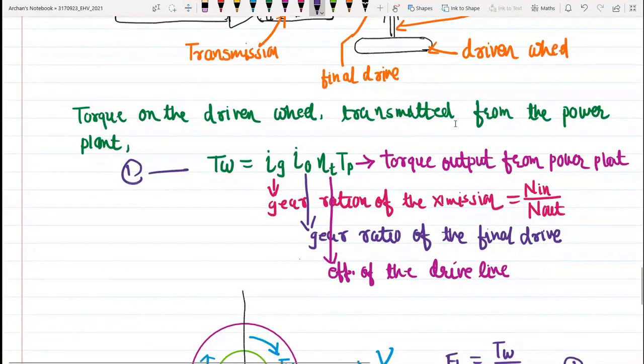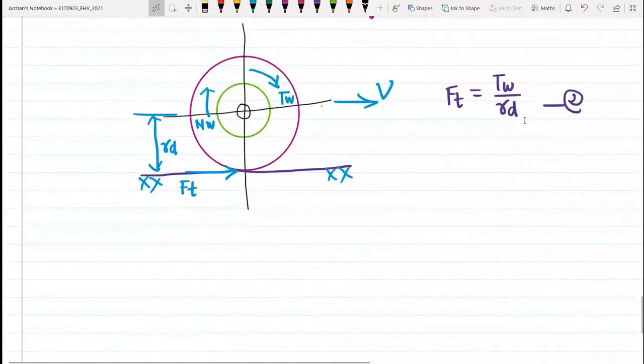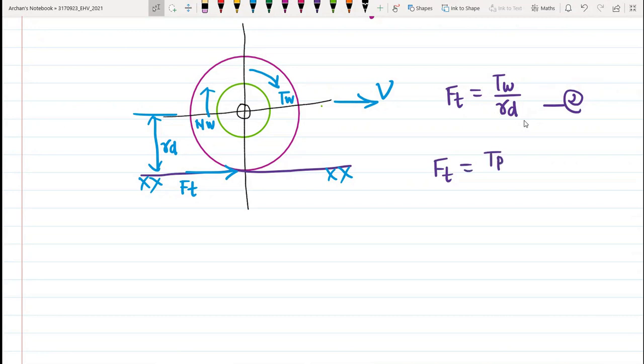Putting 2 into 1 gives us Ft equal to Tp Ig I0 eta T by Rd. Let us call it equation number 3, right?